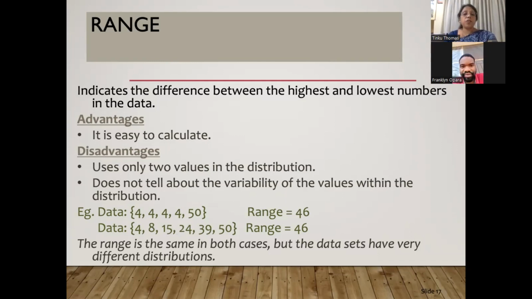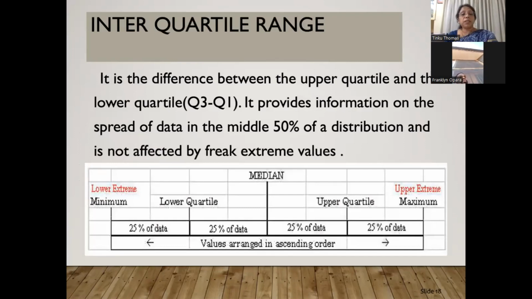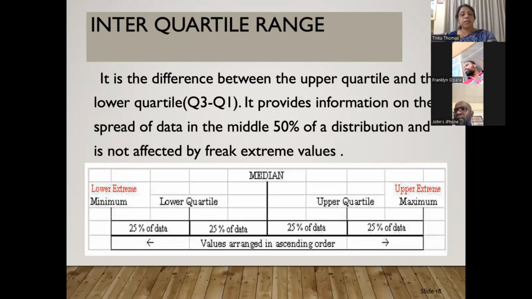And therefore, we will look at something that is a little more within the data, which is the interquartile range. Essentially, the interquartile range calculates the difference between the lower and the upper quartile of the data. That means the range of the middle 50% of the data is what is an interquartile range.